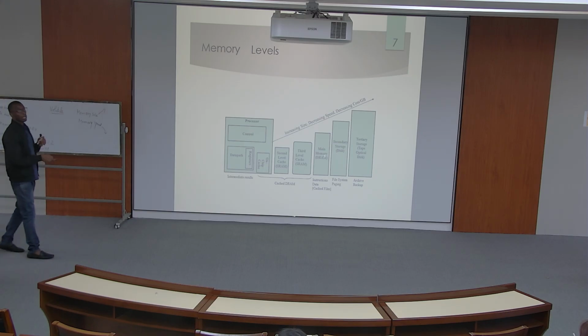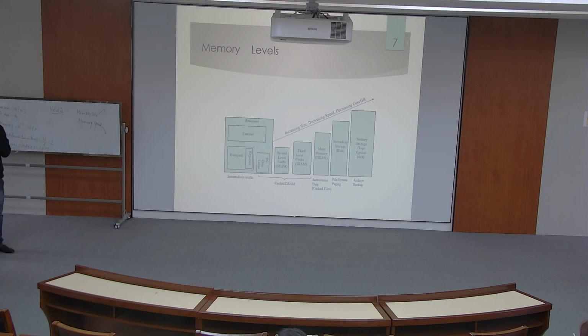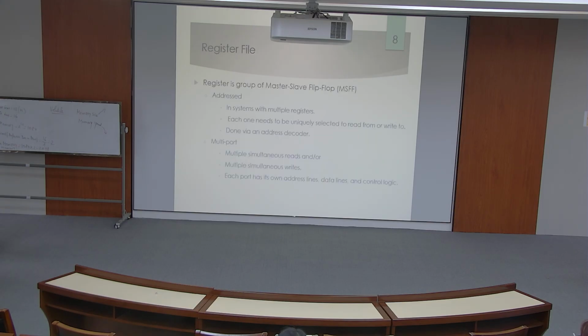We want to store all frequently used data and instructions in our cache memory. Then we have the main memory, DRAM, which is there to store active data and instructions. We have then the secondary storage memory to store our data permanently.